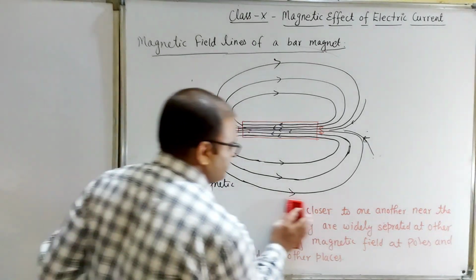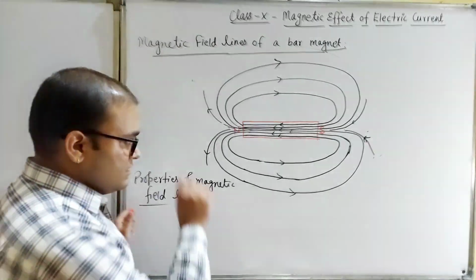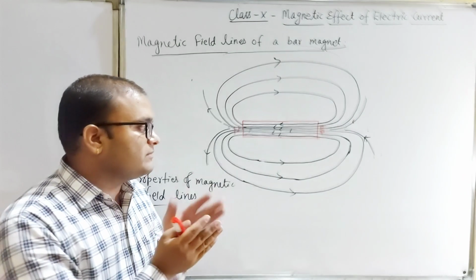So now we can write this property also. If the magnetic field lines are closer to each other, then there will be a strong magnetic field.